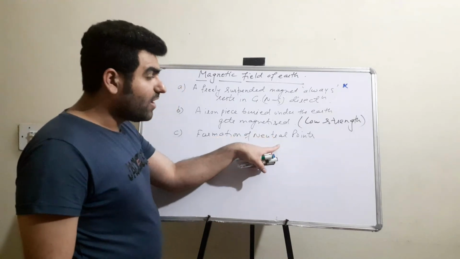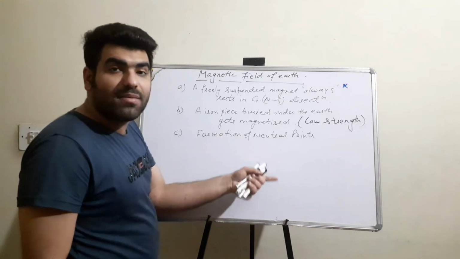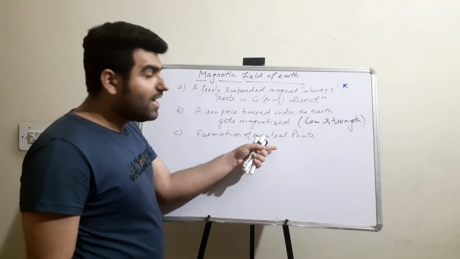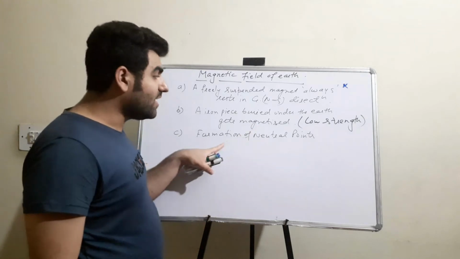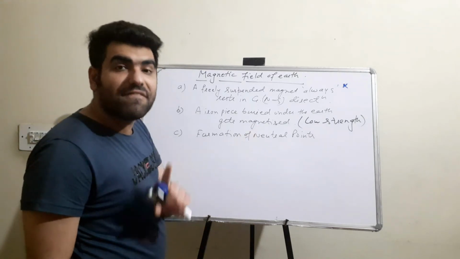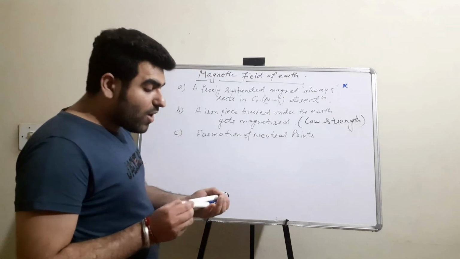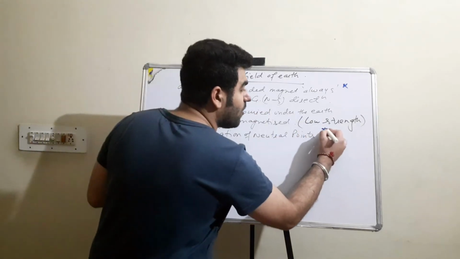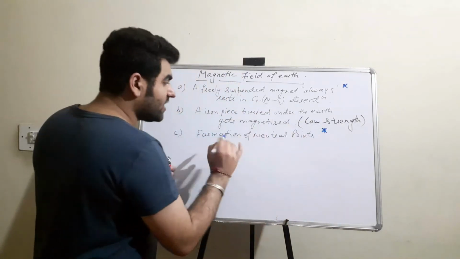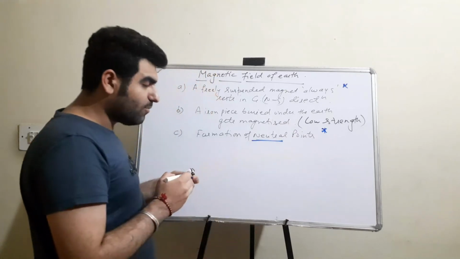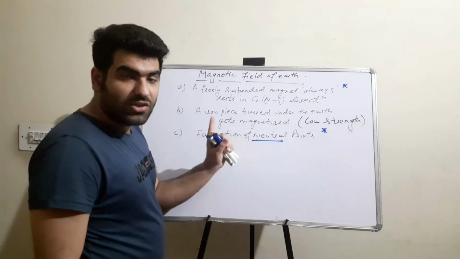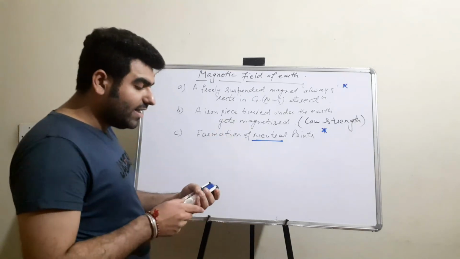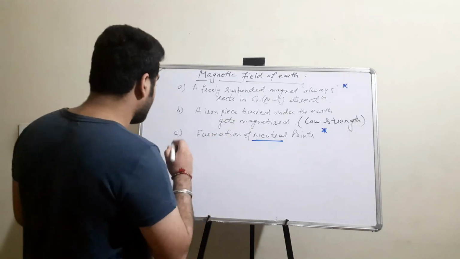Because some opposing magnetic field enters into the magnetic field of Earth, and it cancels the net effect. Neutral means there is no magnetic field present over there. This point is also very important, and we'll discuss it in detail in the further part of the chapter.